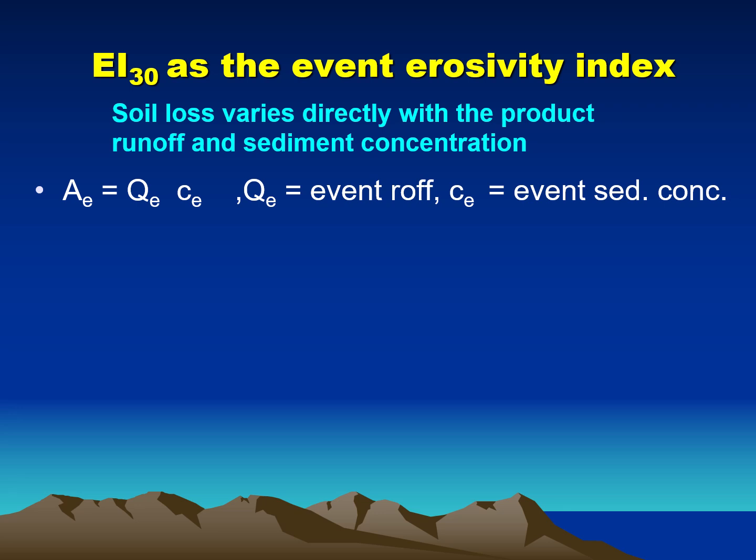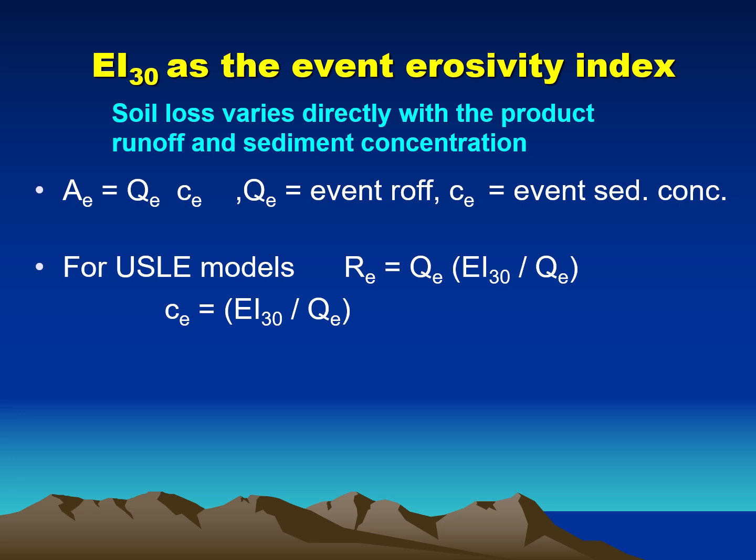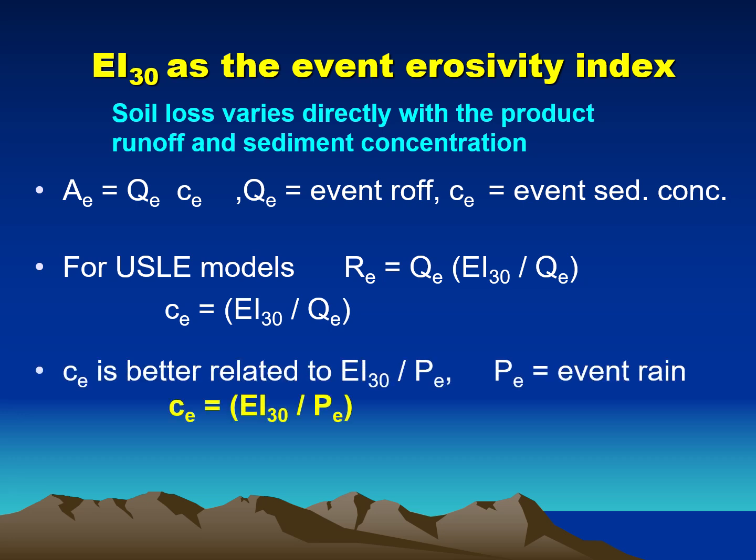As an alternative to using the EI30, you can look at soil loss in terms of runoff and event sediment concentration. If you do that, you can see that the event sediment concentration is given by EI30 divided by runoff amount. If you actually look at the data empirically, event sediment concentrations are better related to EI30 divided by event rainfall.